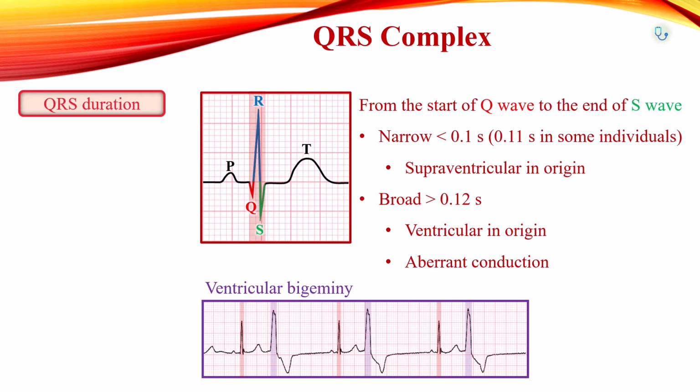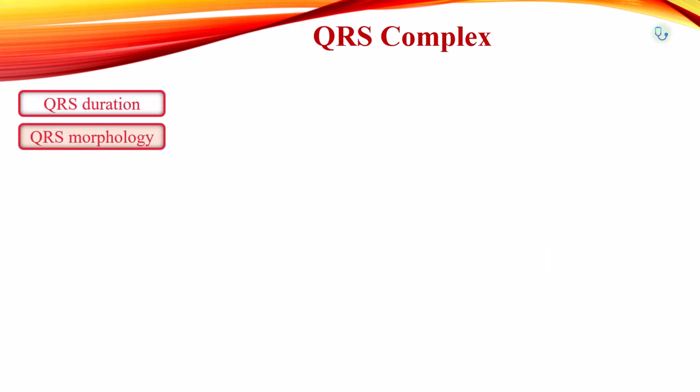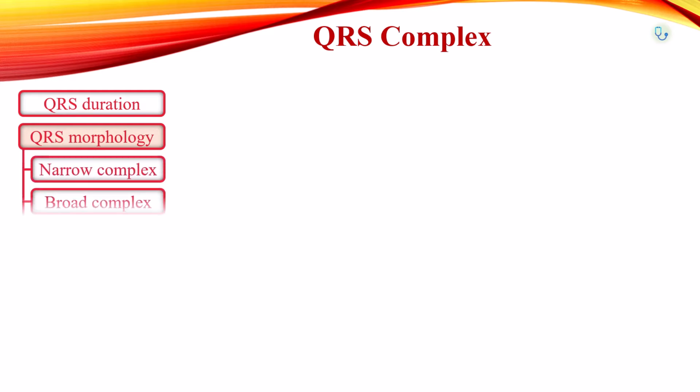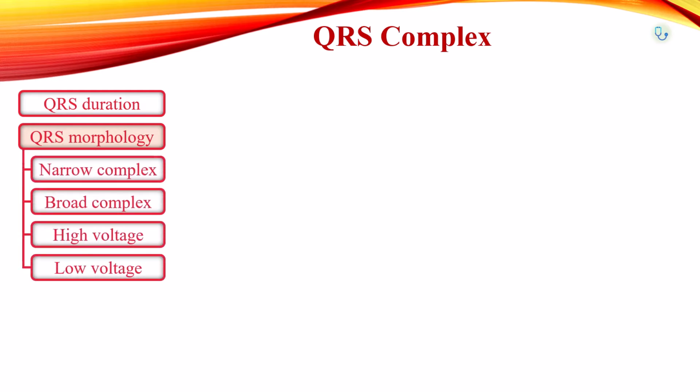The main features to consider QRS complex morphology are the duration of the complexes, narrow versus broad, and voltage or height of the complexes.